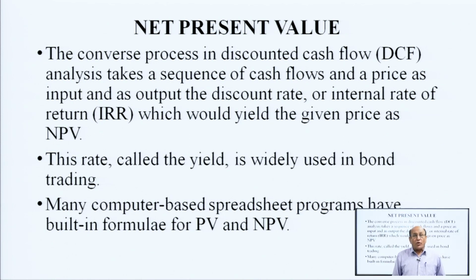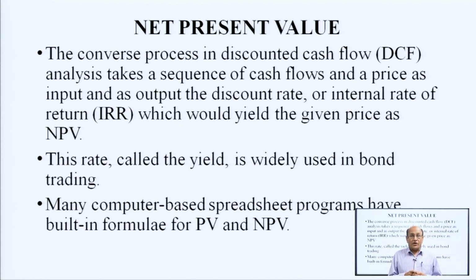The inverse process in the discounted cash flow (DCF) analysis takes a sequence of cash flow and a price as input and as output the discount rate, or internal rate of return (IRR), which would yield the given price as net present value.